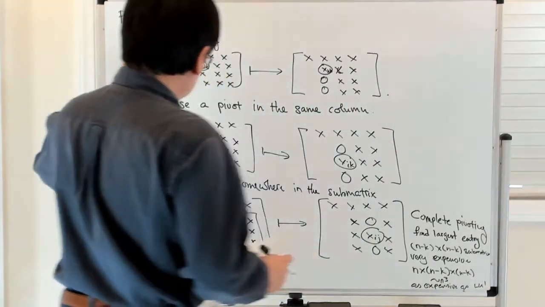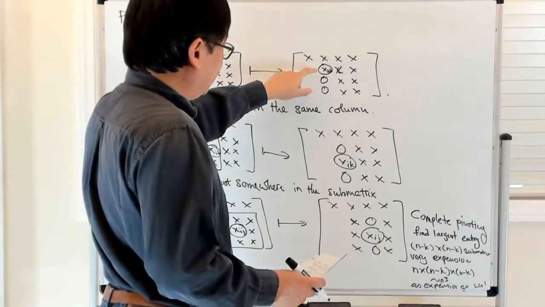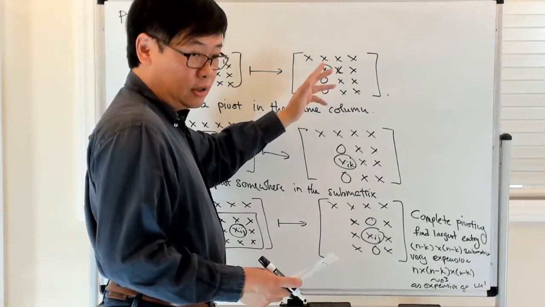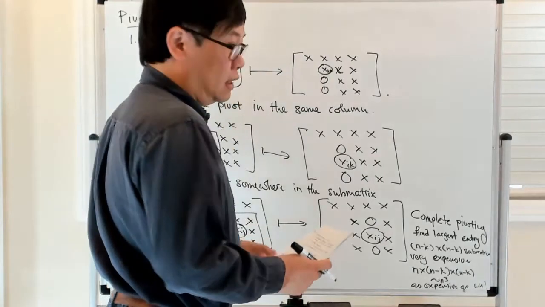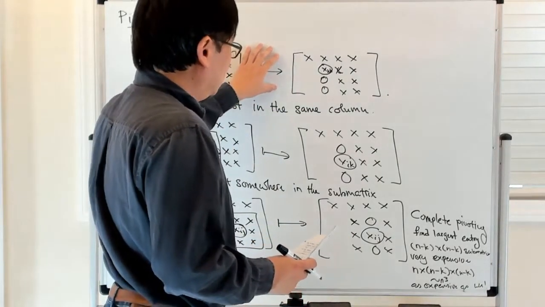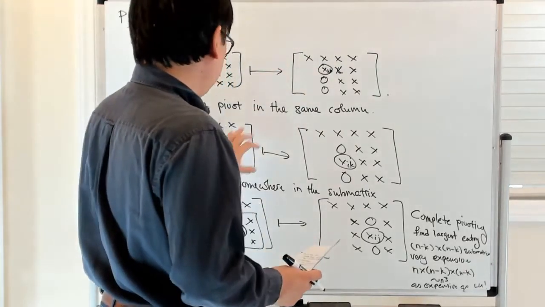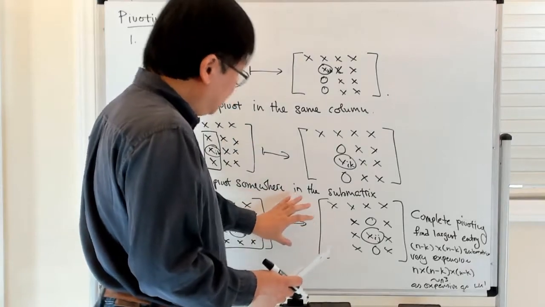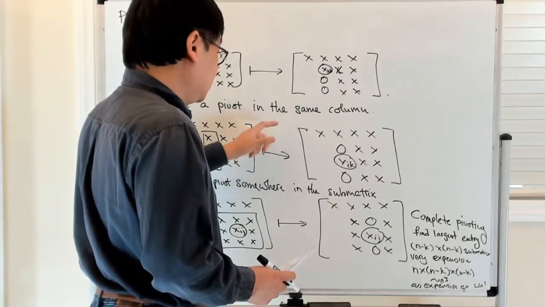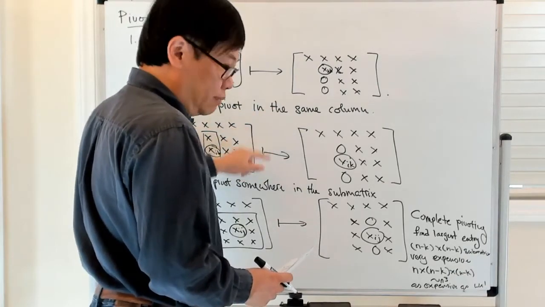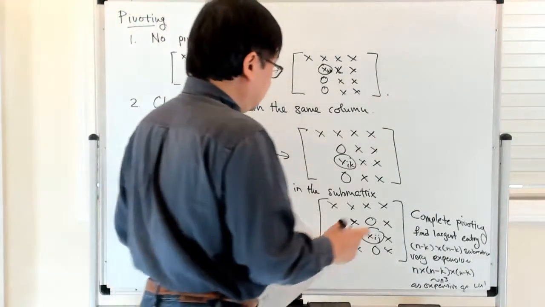So no pivoting is oftentimes a problem because, if that diagonal entry is small, then it messes everything up. No pivoting is usually not an option. It results in an LU algorithm which is potentially very unstable. And of course, complete pivoting can be very expensive. So instead, what people do most of the time is what's called partial pivoting, an intermediate case, where you look for a pivot in the same column.